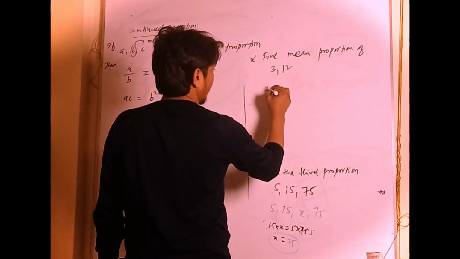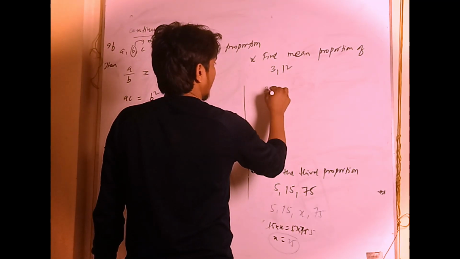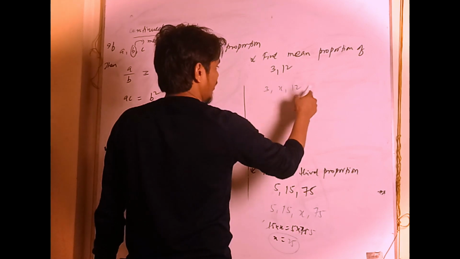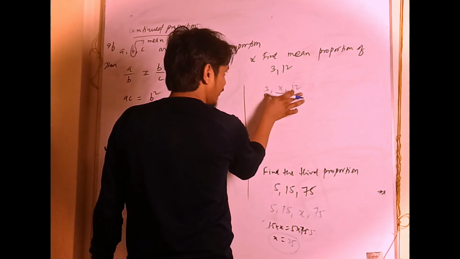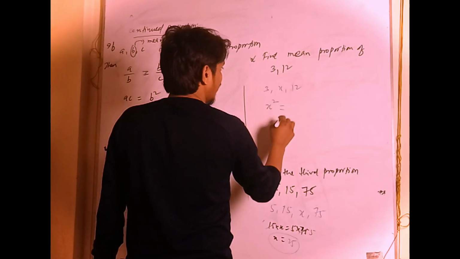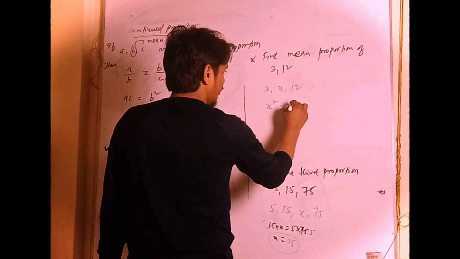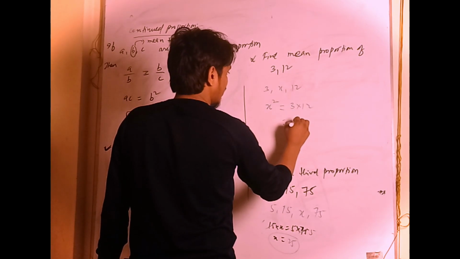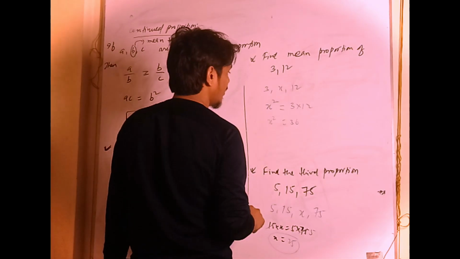So it means 3, x and 12 are in continued proportion, so we can write that the product of extremes is equal to the product of means. So x square, which means x into x, is equal to 3 into 12, which is 36. So x square is equal to 36.